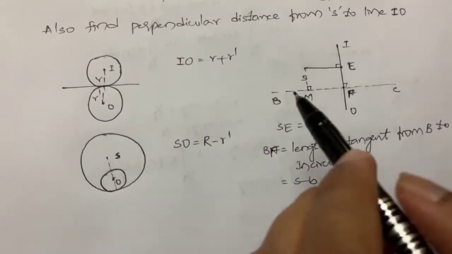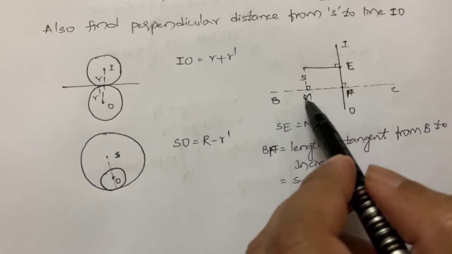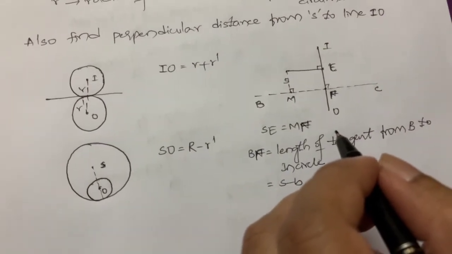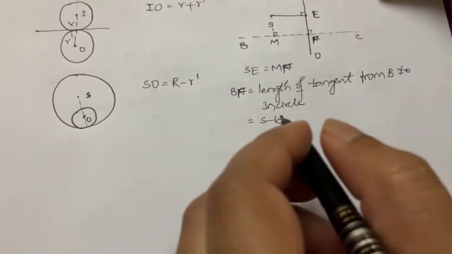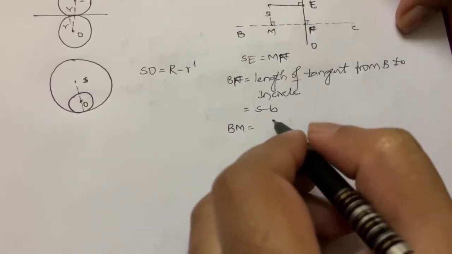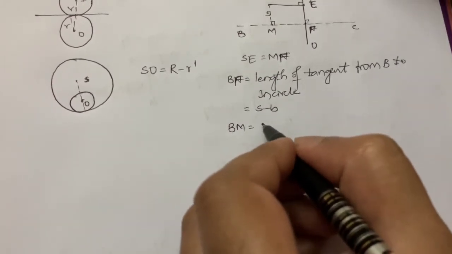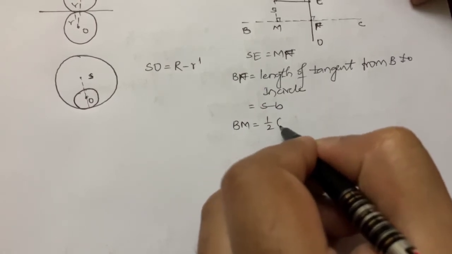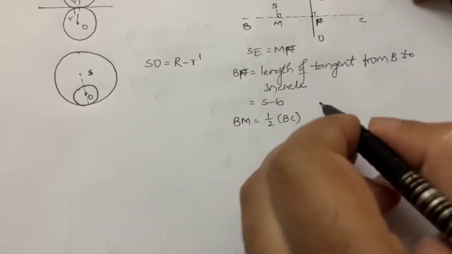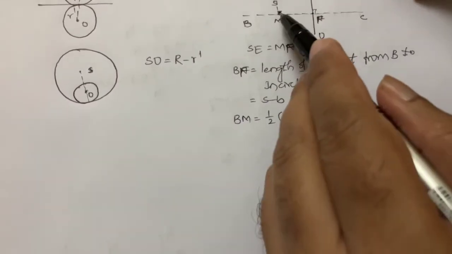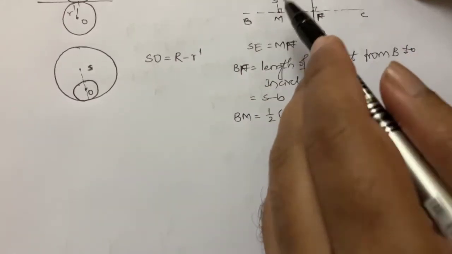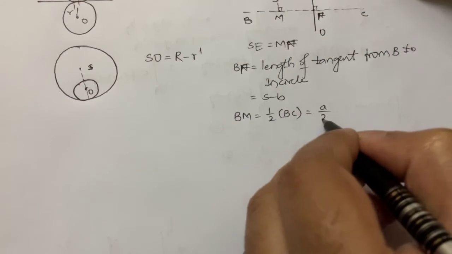And then BM: the perpendicular bisector will pass through the midpoint of the side. So BM is equal to half of BC, because the perpendicular bisector by definition passes through the midpoint of the side. So this is a by 2.